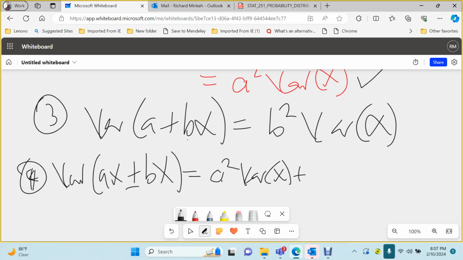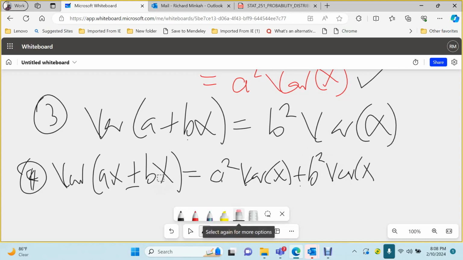It should be only plus, because whatever it is, it should be b squared variance of Y.